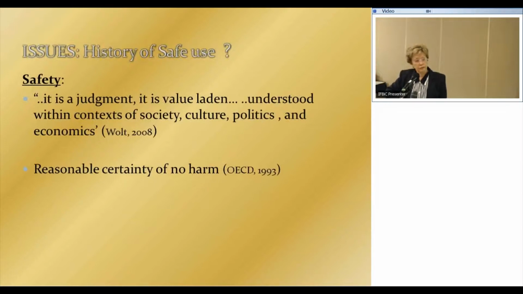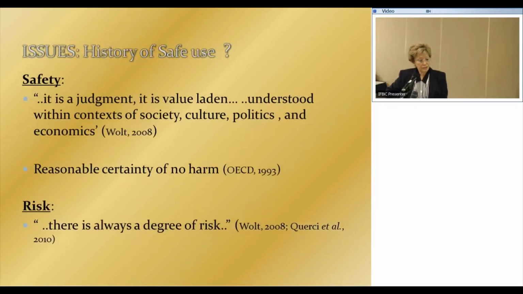I think with the environmental risk assessment, they're also battling with this. In the problem formulation approach that they're following, there's a specific step where you have to determine what you see as harm, and the whole society should actually be involved in that. But there's always a risk, as you see in previous presentations.